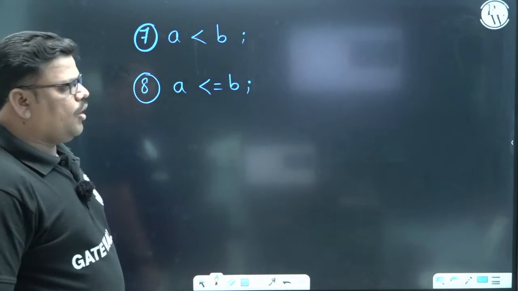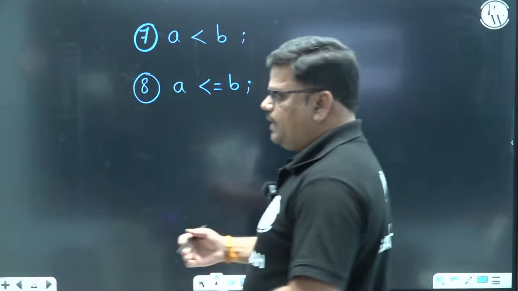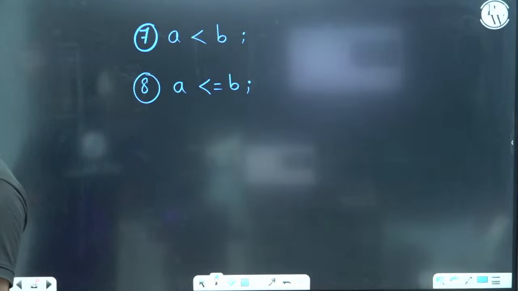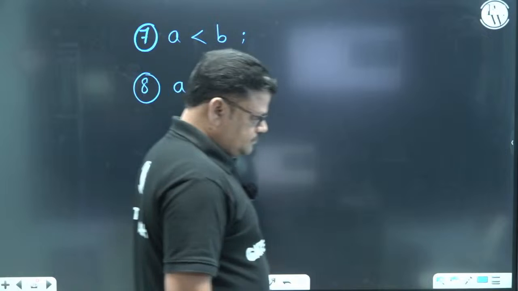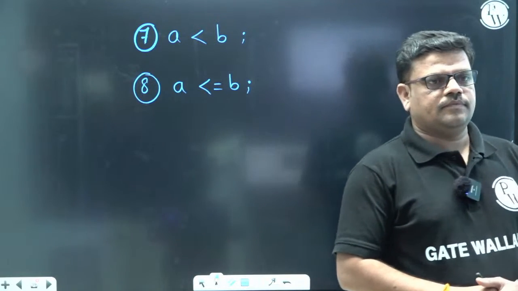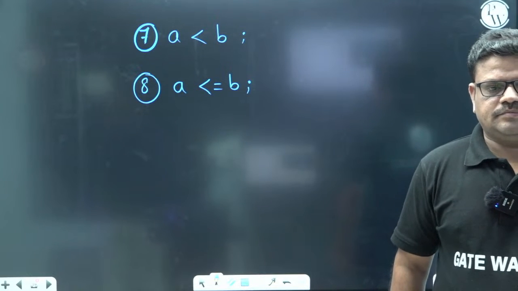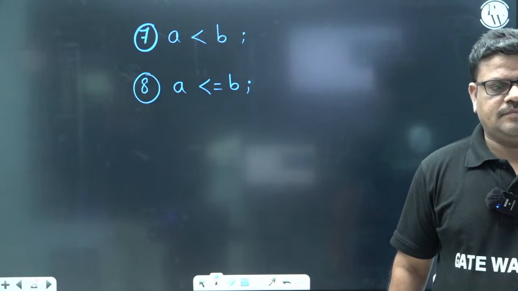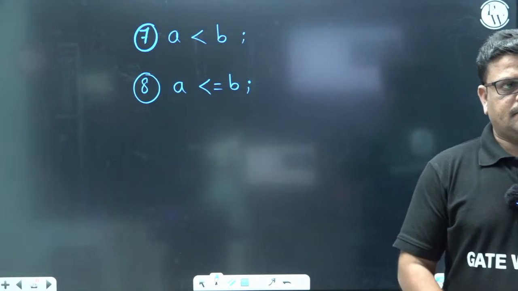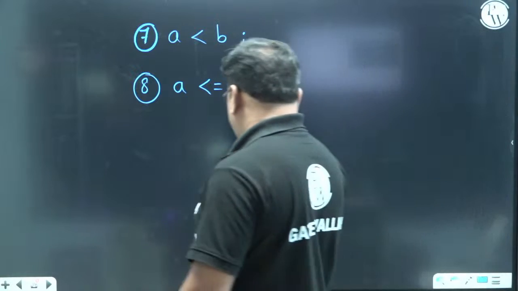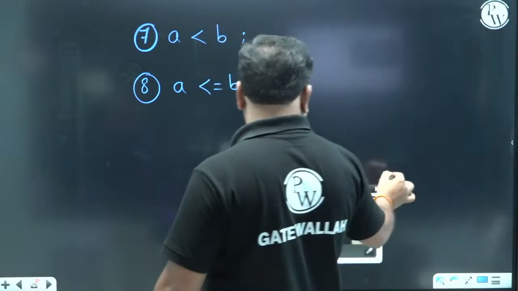Seventh one, eighth one: how many tokens are produced by the lexical analyzer for the 7th and 8th? Try to identify how many tokens the lexical analyzer will find for each. So here, same thing: a less than a, less than b, less than or equal to b.